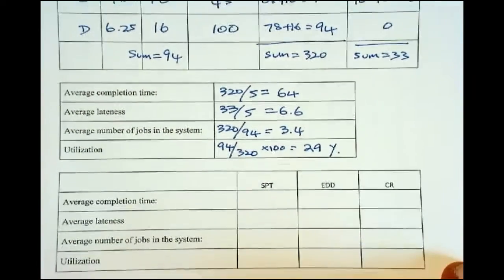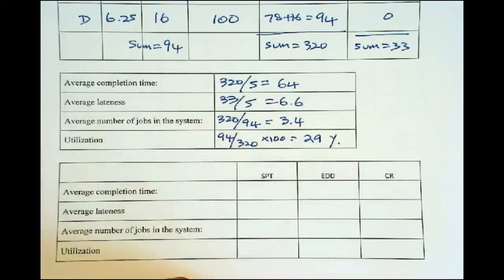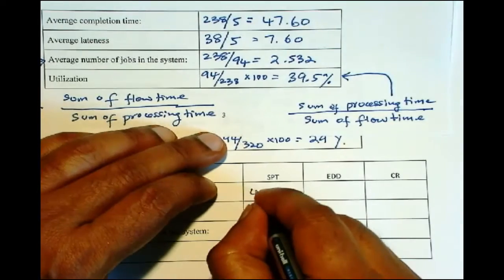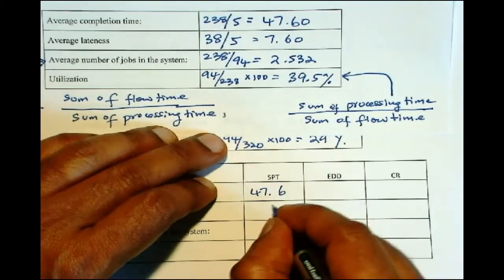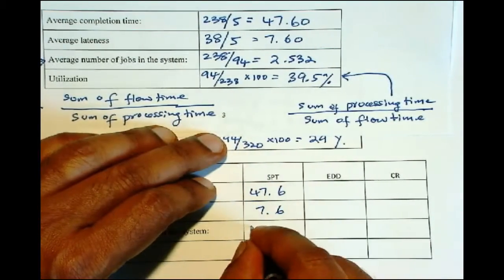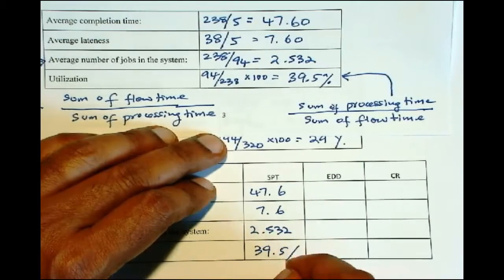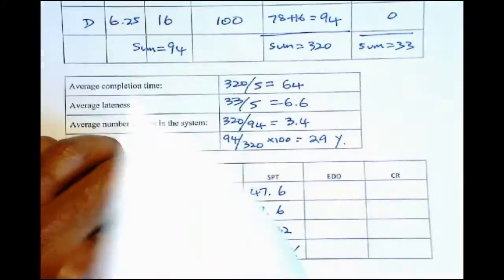Okay, now let's put all of them here for comparison. So SPT is 47.6, 7.6, 2.532 and 39.5%.